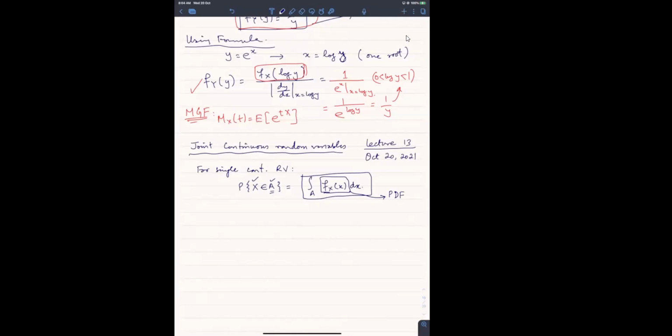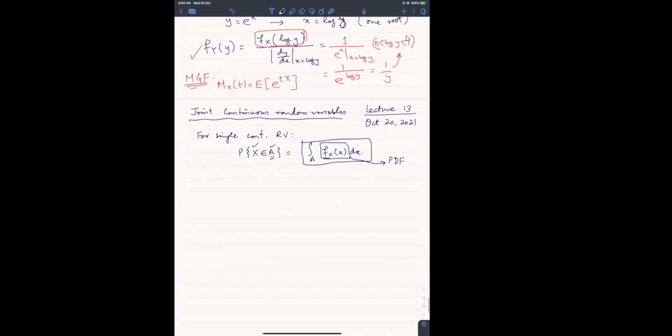Similarly, we can define the probability density function for two continuous random variables drawn from the same sample space. There is one sample space, and its sample points are mapped onto the real line. With another mapping, you get another continuous random variable. So now you have two continuous random variables, let's say x and y.